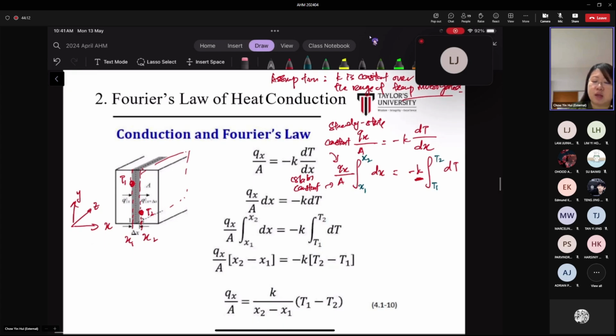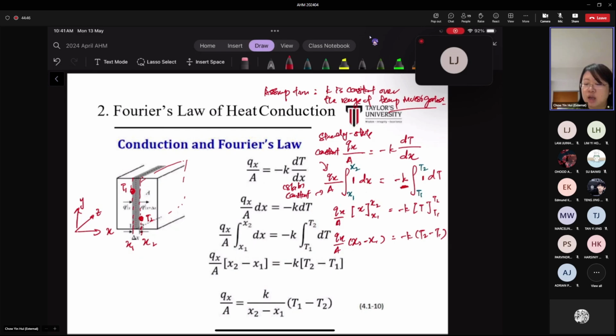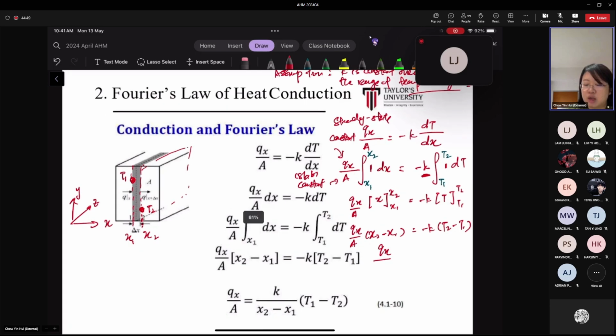Completing the integration, you integrate 1 with respect to x and get x, with limits x2 and x1, which equals negative k integrated with respect to temperature, with limits T2 and T1. Expanding, the rate of heat transfer over area times x2 minus x1 equals negative k times T2 minus T1. Don't forget this negative sign; sometimes students really forget it.